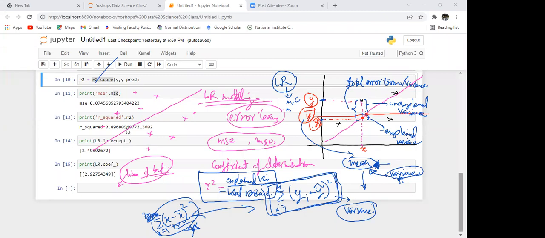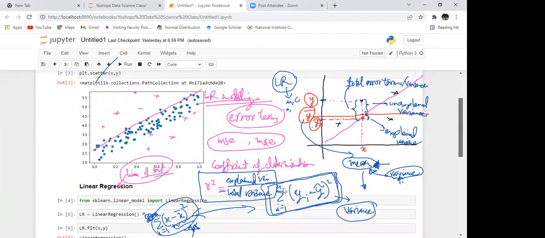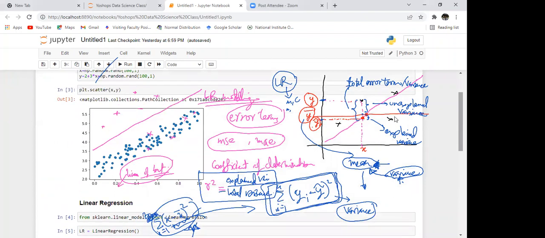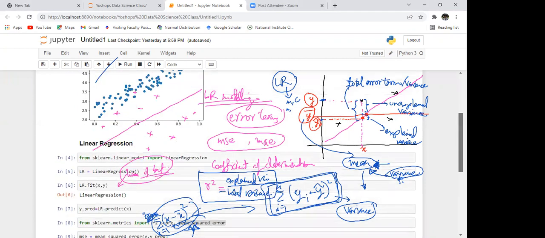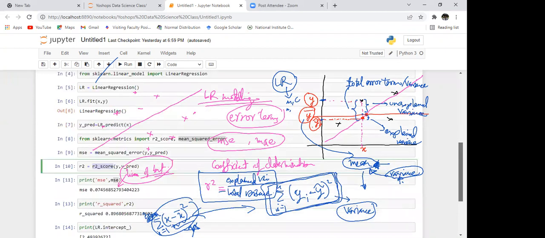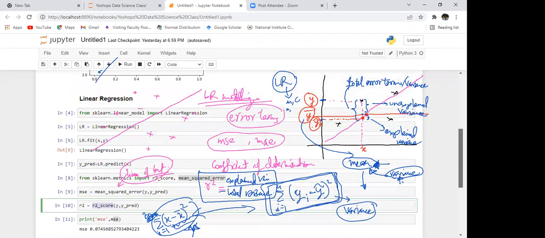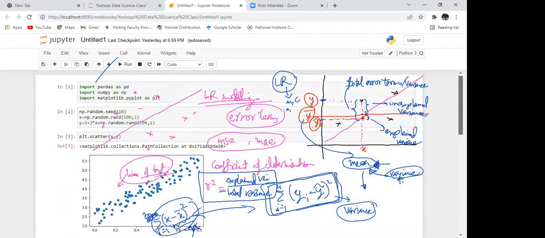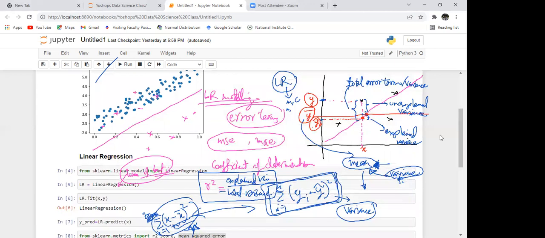Behind these 2-3 lines of code, all these things are actually running. So next time, we will take one real data set. I will find a proper data set having certain issues, and we will try to model it using LR, linear regression.